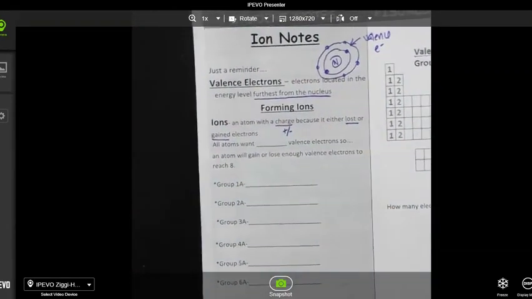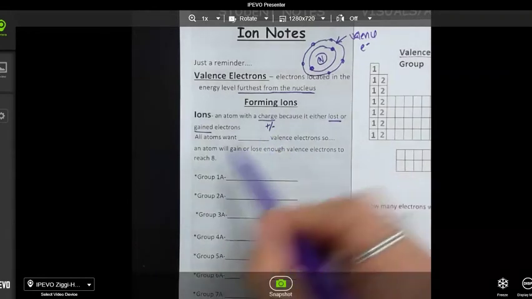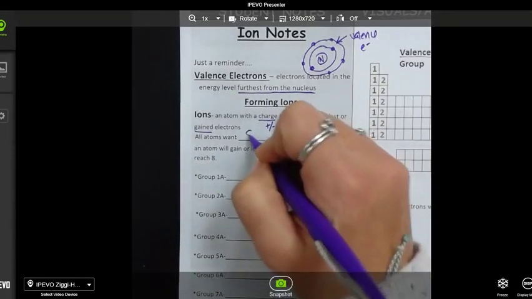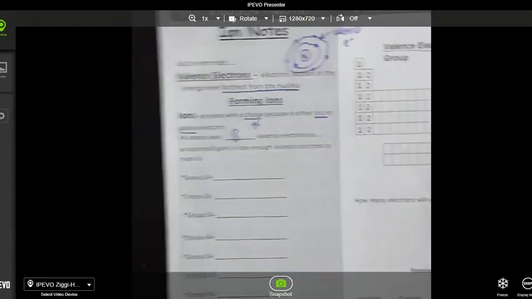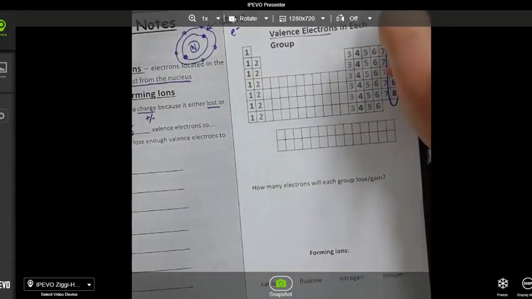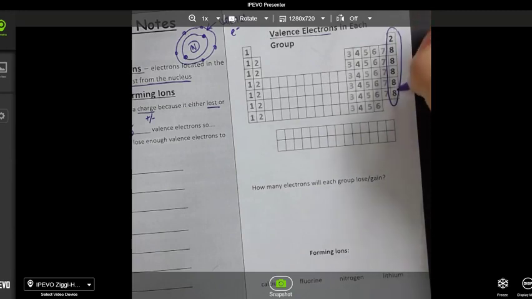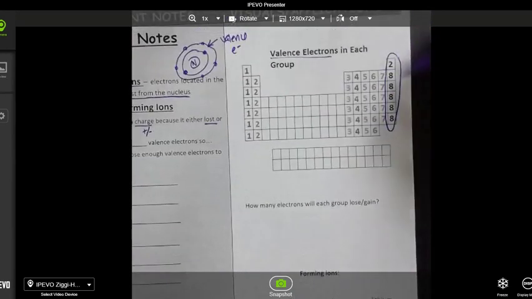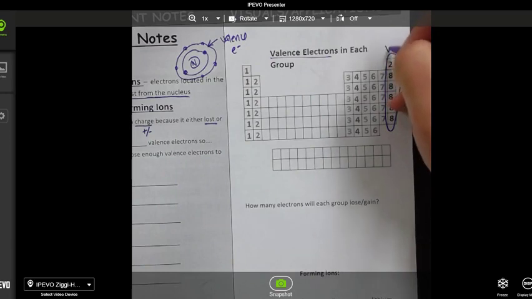That's the way that this works as well. All atoms want to have 8 valence electrons, right? We know that the noble gases over here all have 8 valence electrons. They're in group 8, so they all have 8 valence electrons except for helium. Helium only has 2 because it only has a total of 2 protons, so it's going to have a total of 2 electrons. And what do we know about the noble gases?